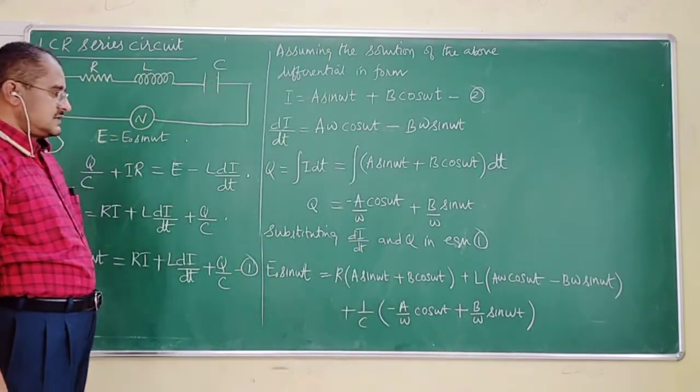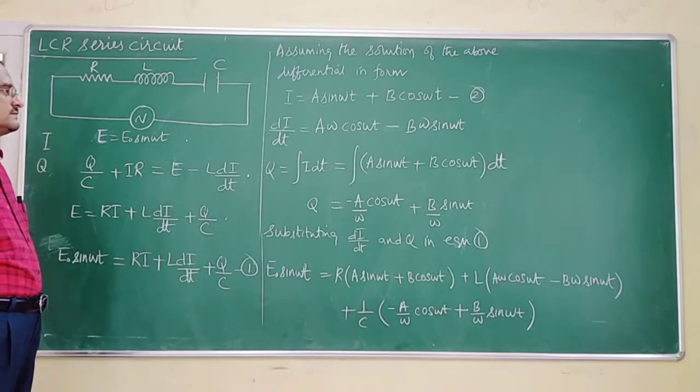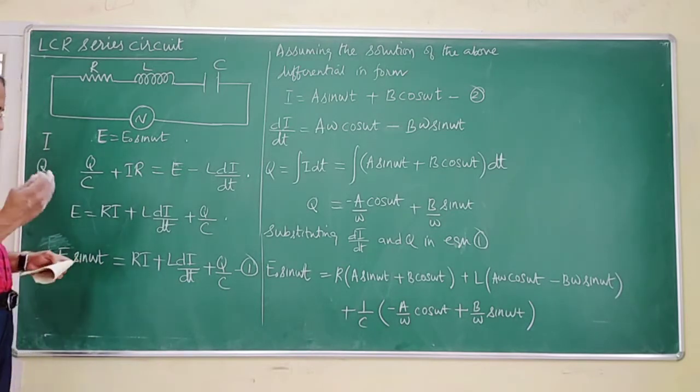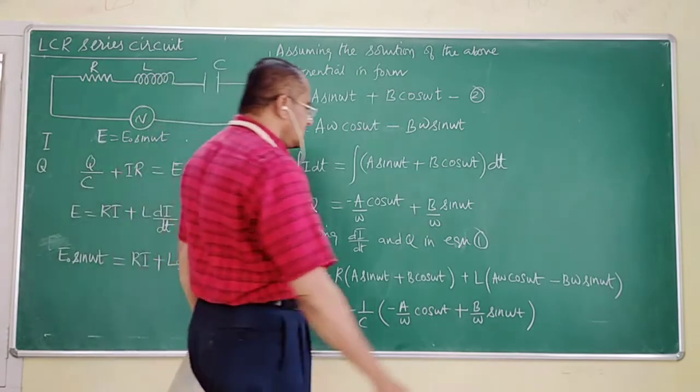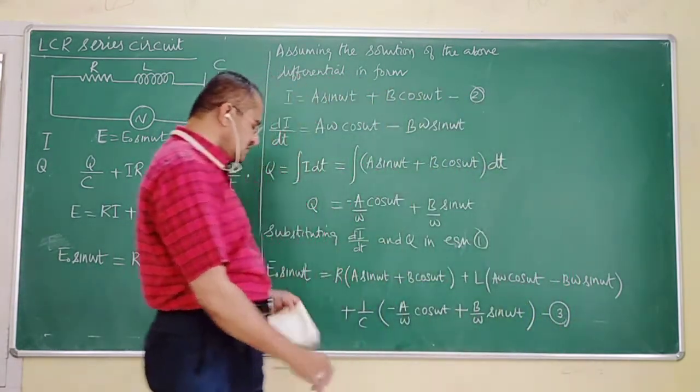What I have done is I have substituted the values of I, di by dt and Q in equation 1, and therefore I have ended up with equation number 3, sir.